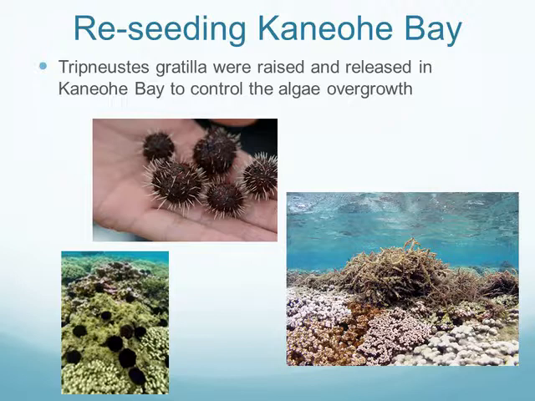And these particular urchins are not very picky eaters, and they'll eat just about any algae they can get their hands on. They do prefer some algae over others, typically the native algae, but they will eat the invasive one.